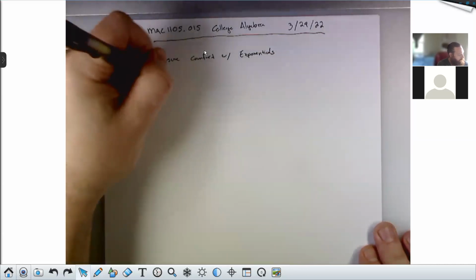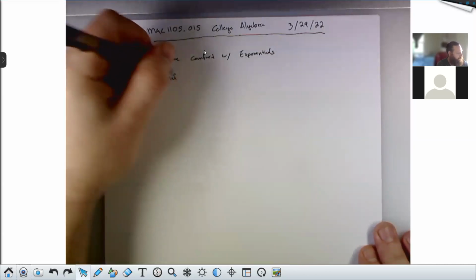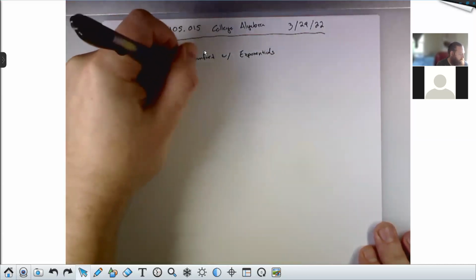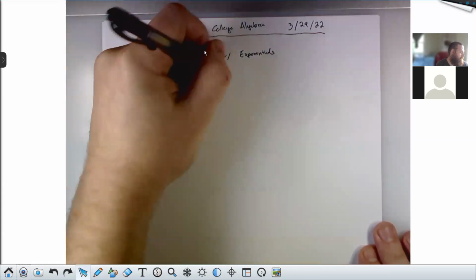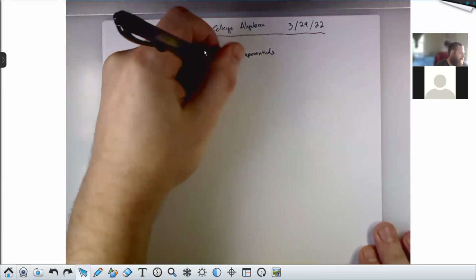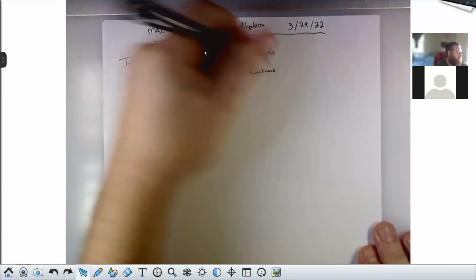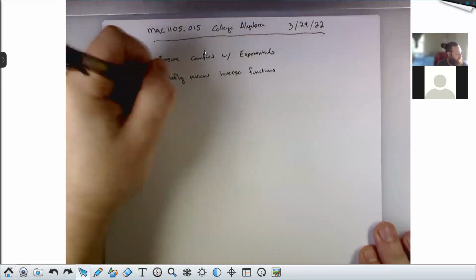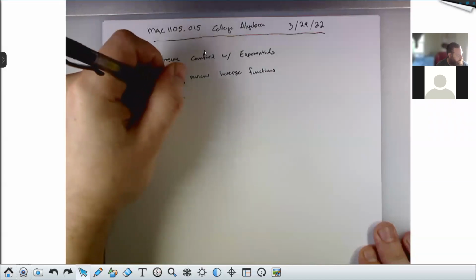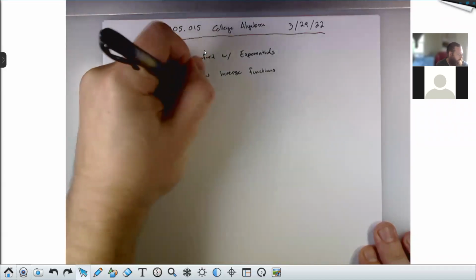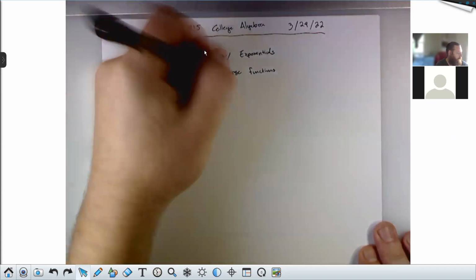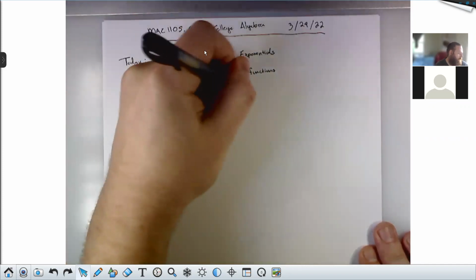We're going to briefly review the concept of inverse functions. And then finally, we're going to give a concrete introduction to logs.